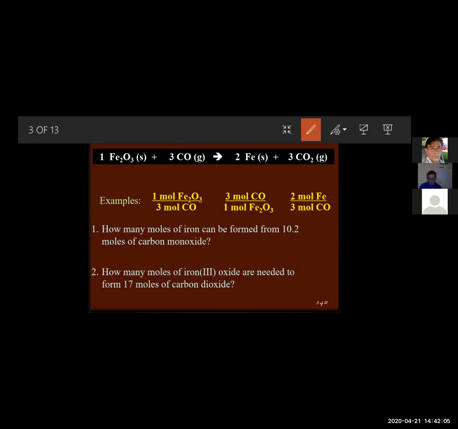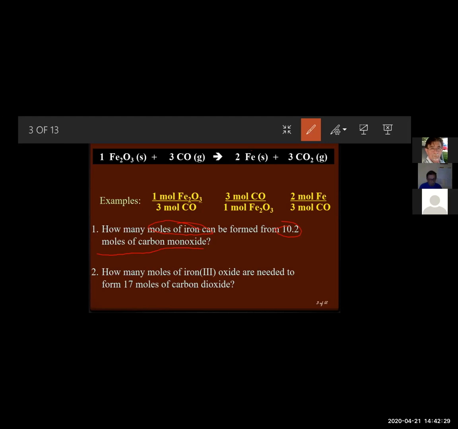They're asking you here, how many moles of iron can be formed from 10.2 moles of carbon monoxide, okay? So we are given 10.2 moles of carbon monoxide and we need to know how much iron we're going to make.